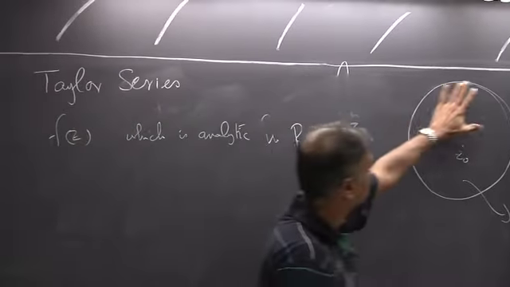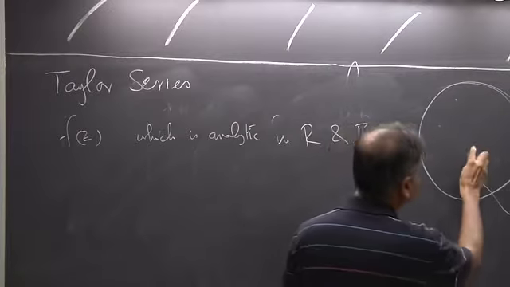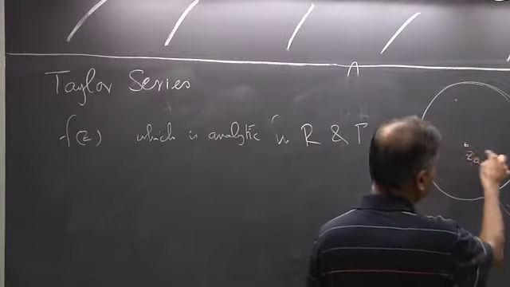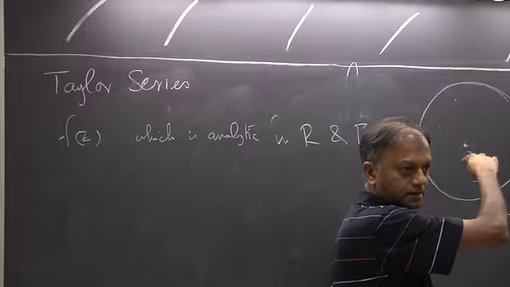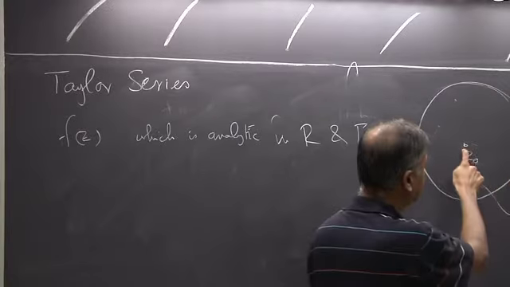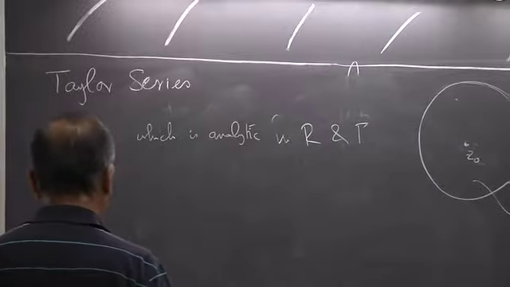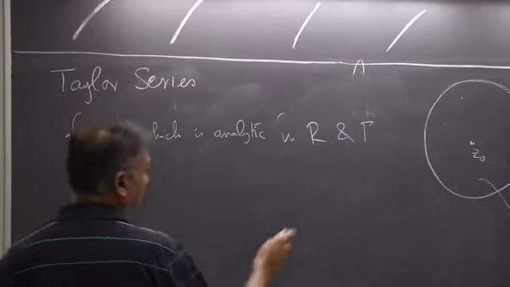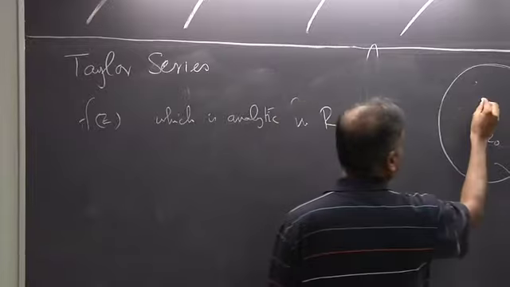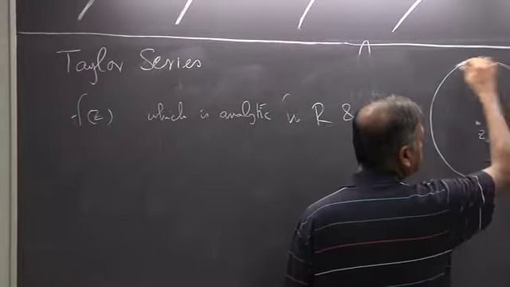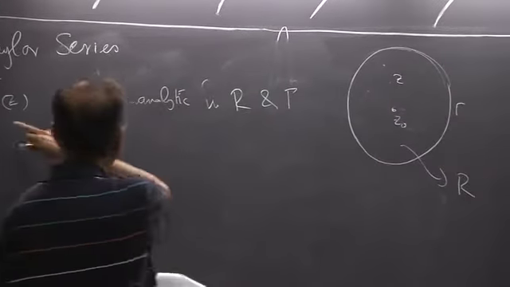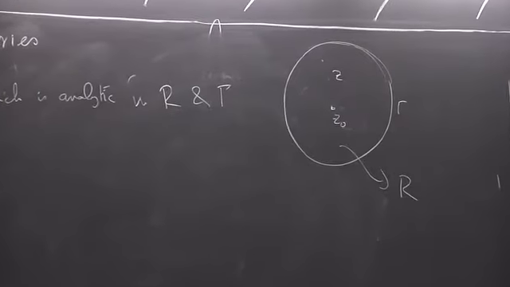So, in this entire thing it's analytic, and z naught is the center of the circle. Then the statement is that if I take any z in the interior, or even on the boundary, then this function f of z is analytic. That's our assumption.